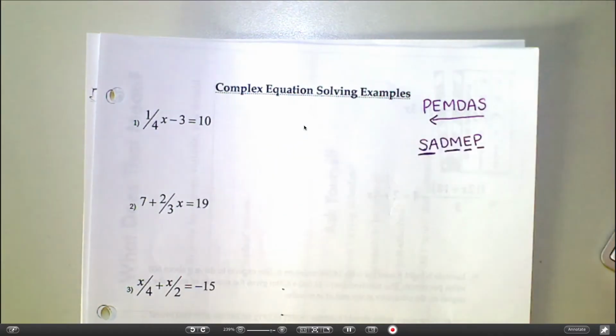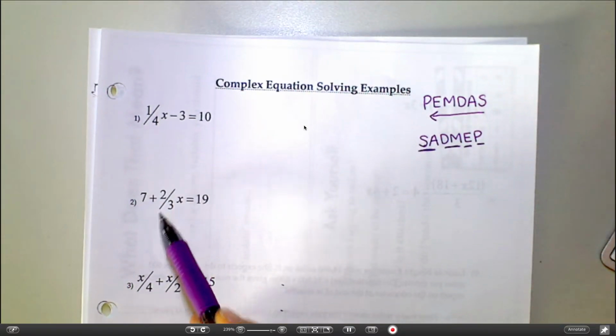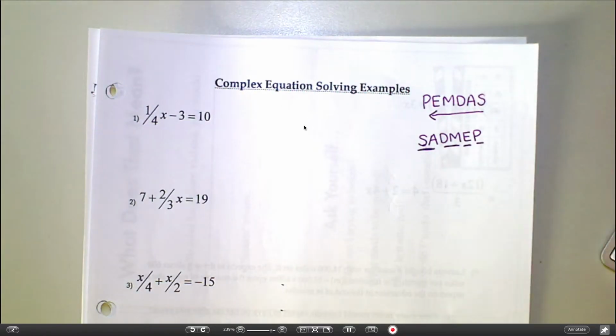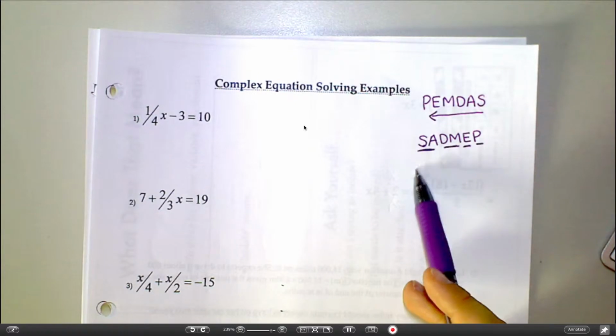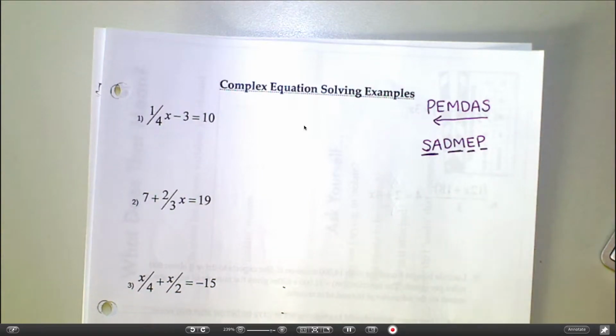An equation is like someone has already done that, and you're trying to undo it to figure out what that x was to begin with. So this is specific to equation solving. And you've been doing this a long time. Probably you've just never had any crazy teacher call it SADMAP. But you'll hear it from me a couple of times throughout the year.